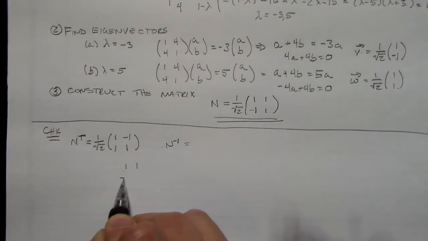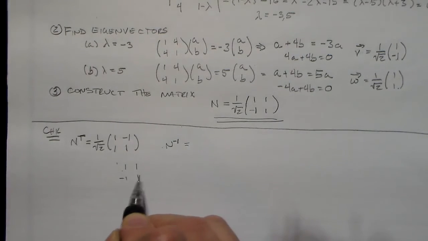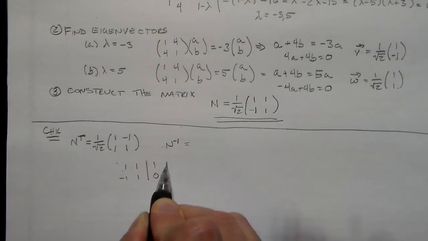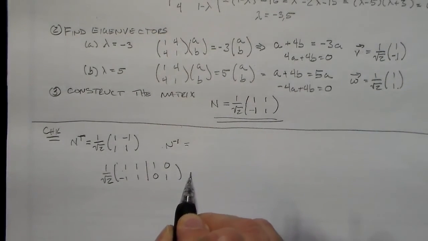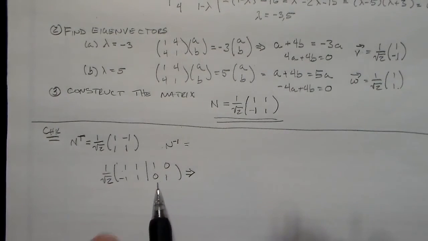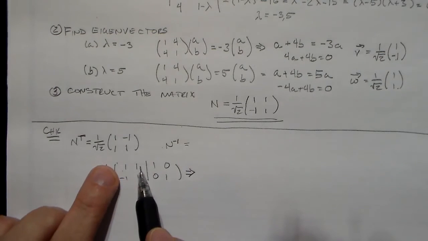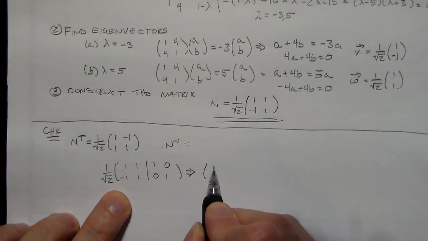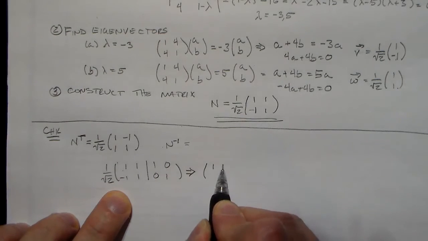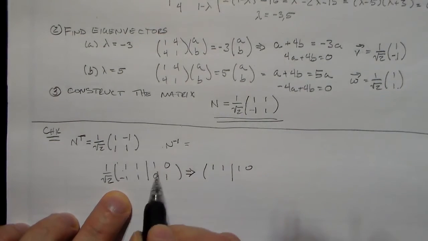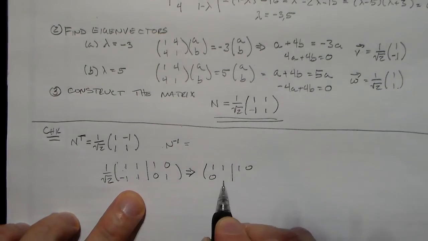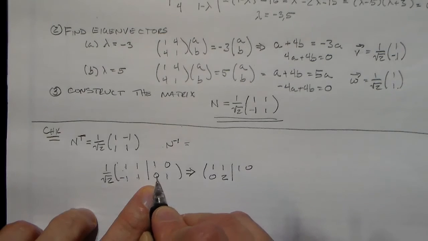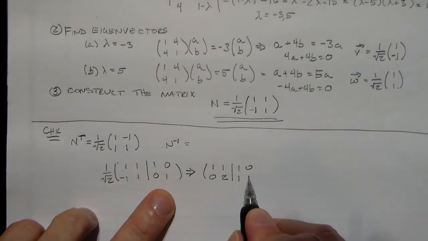So I've got 1, 1, minus 1, 1, and 1, 0, 0, 1, and I'll just multiply that all by 1 over the square root of 2. If I add the top row to the bottom row, I have 1, 1, 1, 0, because I'm not doing anything to the top row. And 1 plus minus 1 is 0, and 1 plus 1 is 2, and 1 plus 0 is 1, and 0 plus 1 is 1.